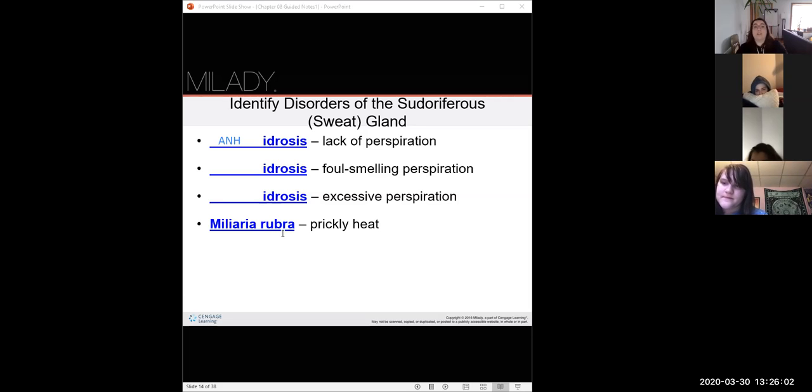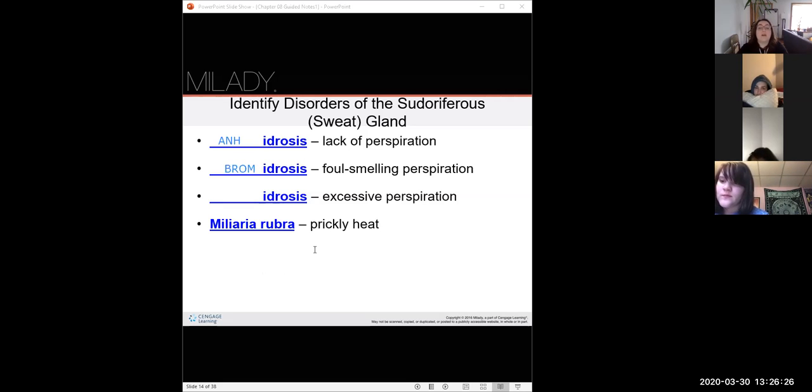It can be totally life-threatening, because when we sweat, we're regulating our body temperature. You can overheat very easily. But anhidrosis, no perspiration. Anti-sweat, anhidrosis.